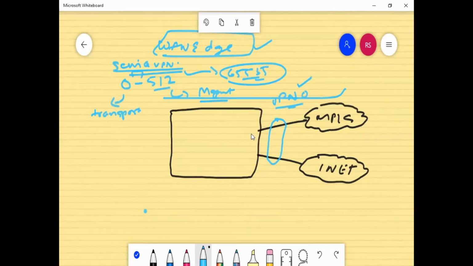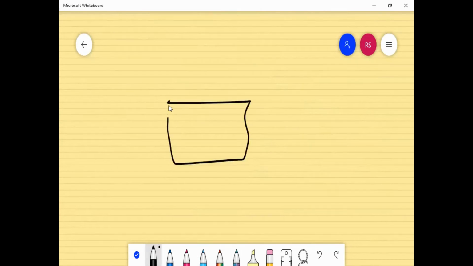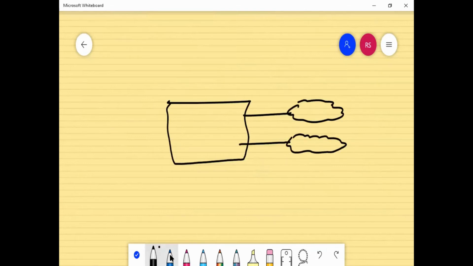Let me remove this whole stuff. So we were talking about that if you have the WAN edge device and you have two media, either it is your MPLS or internet, whatever, these should be part of VPN 0 only.